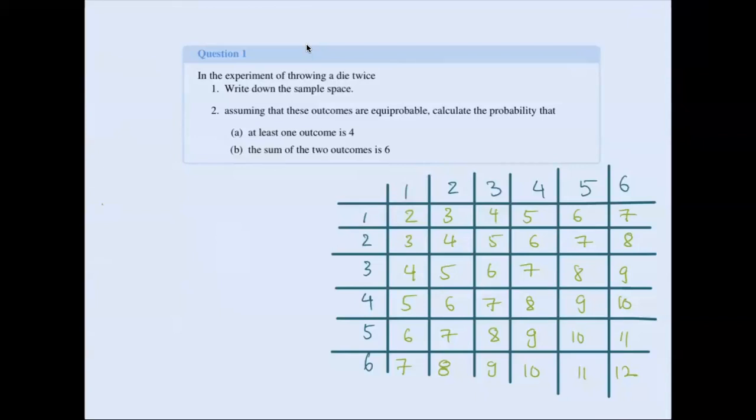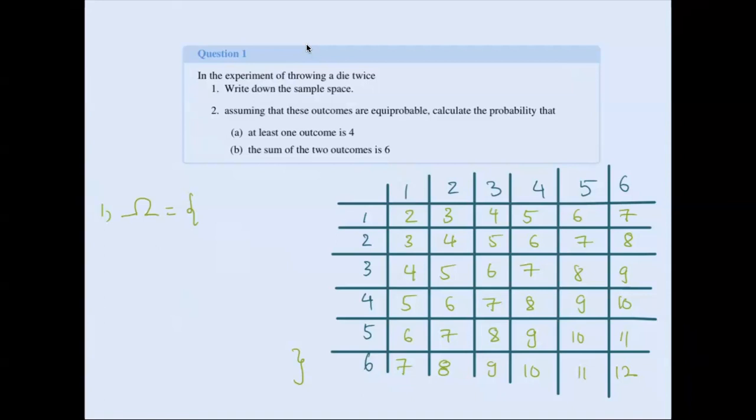For the first question, they ask us to write out the sample space. So remember, when they ask you to write out the sample space, you have to make sure that it is a set. Don't just draw this table. This table happens to visualize what's going on, but it is not proper notation.